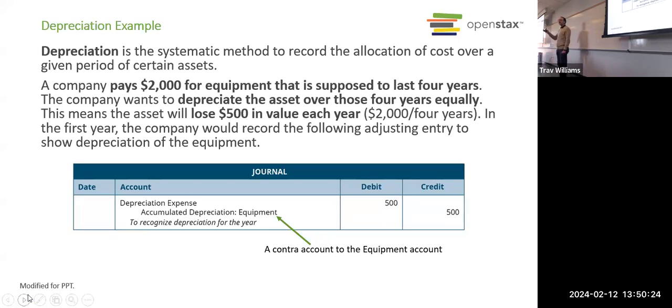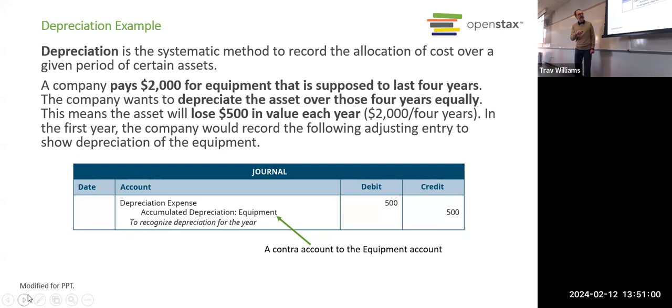Can you all handle an advanced concept? Yeah, okay, I like that confidence. So we know depreciation expense is an equity type of account. Expenses decrease equity, right? We know that. What type of account do you think accumulated depreciation might be? It's an asset type of account. But remember, I told you assets increase on the debit side, right?